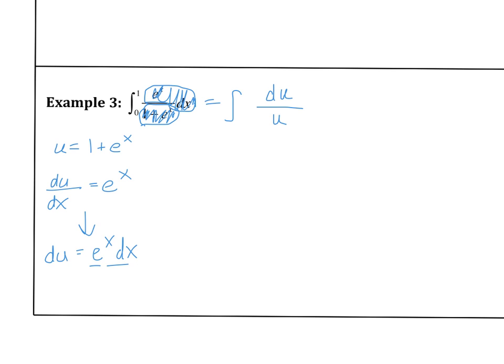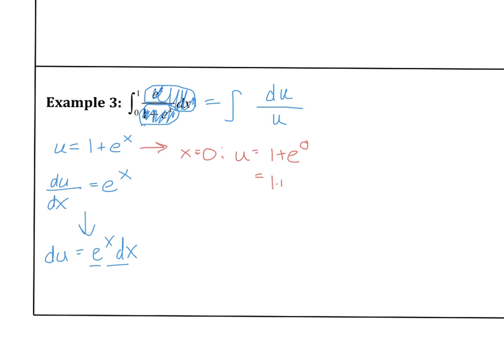Now I need to fix my limits of integration. All right, so I would just prefer to have u values in my limits of integration since my integrand is in terms of u. Okay, so from here, let's do some stuff. All right, when x equals 0, let's see, well then u equals 1 plus e to the 0.